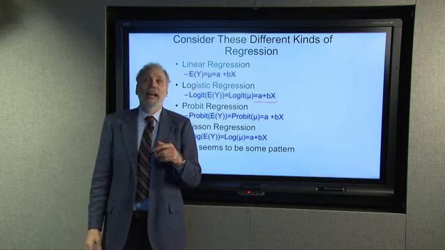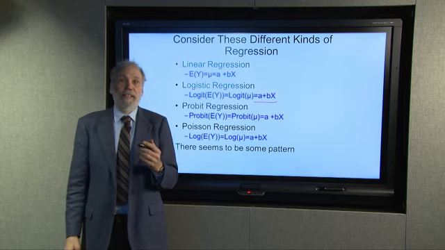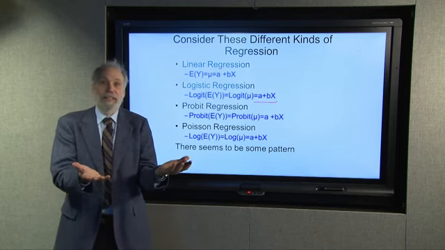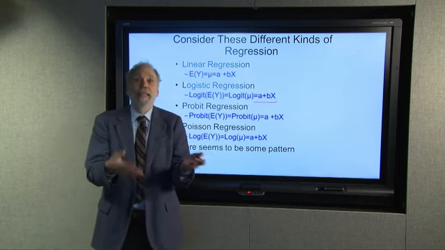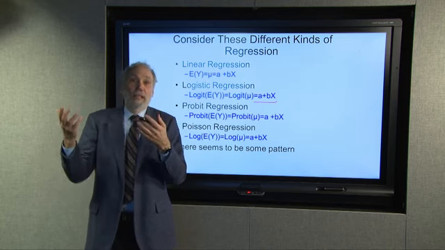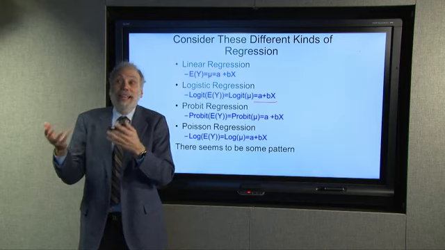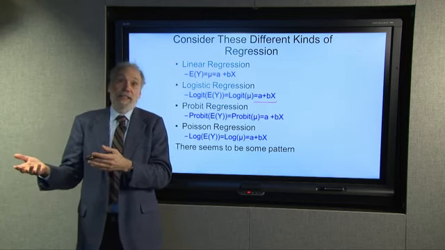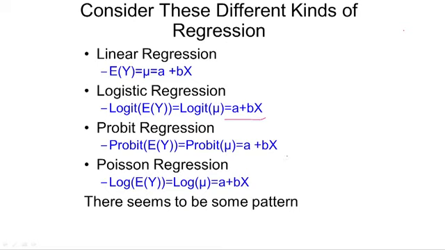Alternatively, another transformation of the expected value of y that will give you an outcome that is additively related to my predictors is the probit transformation. And I spoke about that when we were talking about logistic regression. And so we could do a probit regression also.